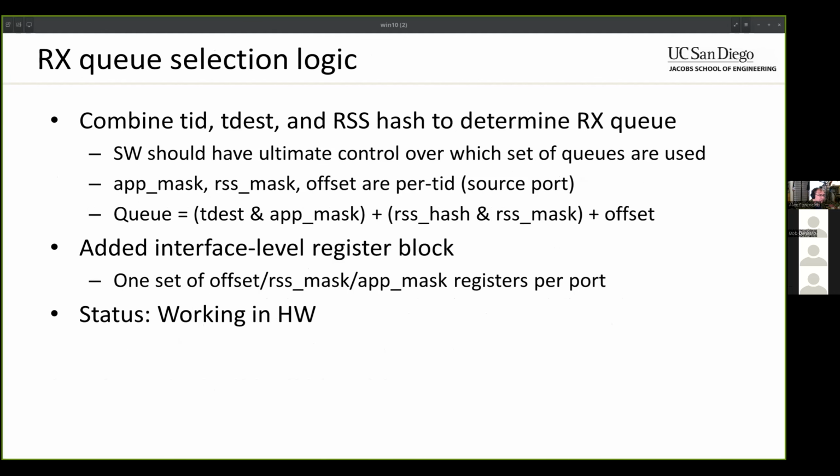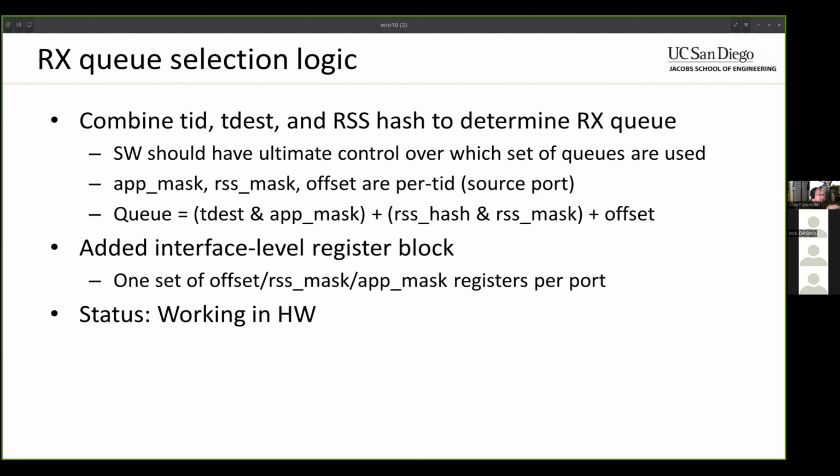All right, now for the queue selection logic, I think we have this working now. I did a bit of reorganizing to get the queue selection logic to sit inside of the RX engine effectively. And the idea is that when a packet receive operation completes, in terms of the packet is sitting inside of the internal scratchpad RAM, then the receive engine will send a request through the queue mapping module, which will take the TID, TDEST, and RSS hash fields and compute what the destination queue is.